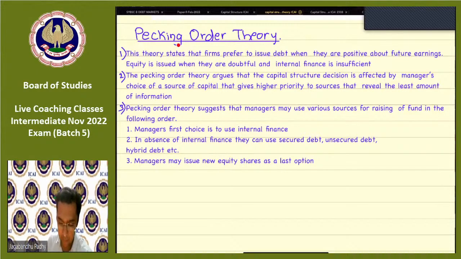This is a typical scenario that we observe, that when you are very positive that wherever I'm going to put the money, that's going to provide me superior returns, great returns. If that's the case, then you are going to issue debt. Or you can say you will raise the funds by way of debt, by way of loan. You will not prefer to have your own equity investment.